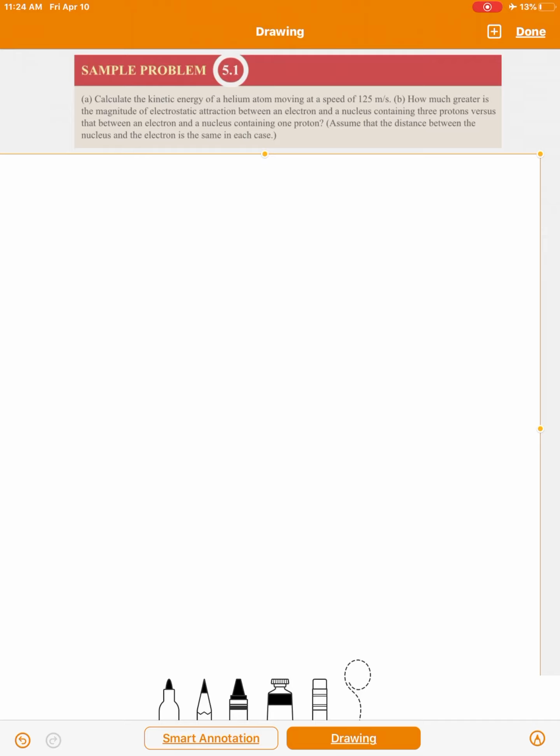Okay, so let's try part B now. Part B says that we want not to calculate, but how much greater is the magnitude of electrostatic attraction between an electron and a nucleus containing 3 protons versus an electron and a nucleus containing 1 proton. So I'm going to draw 2 pictures. I'm going to draw an electron, and it's going to be some distance from a nucleus that has a charge of +3.